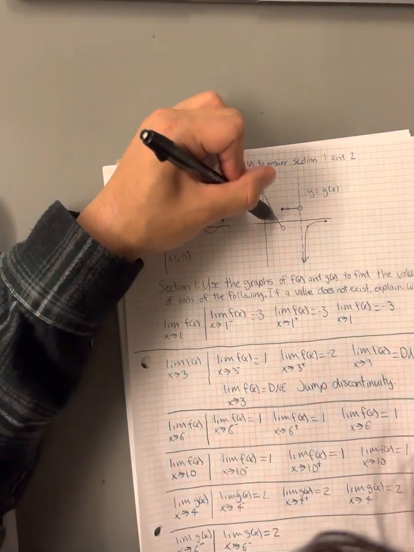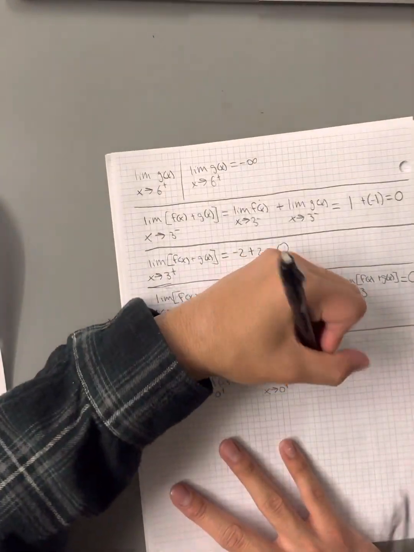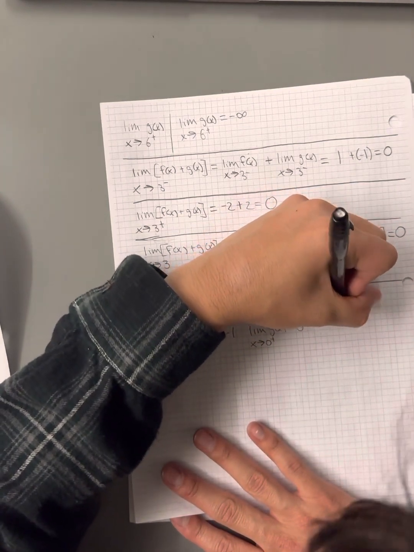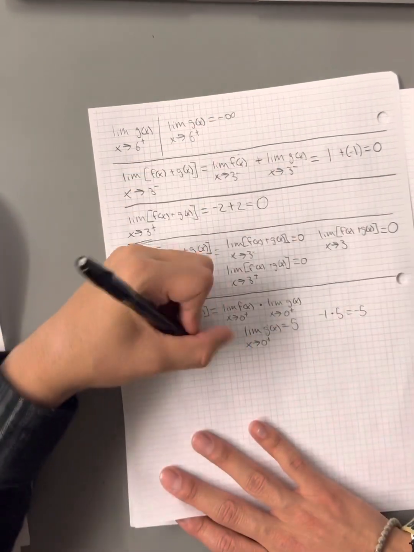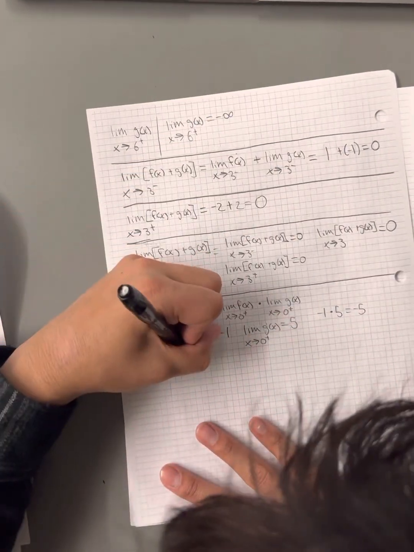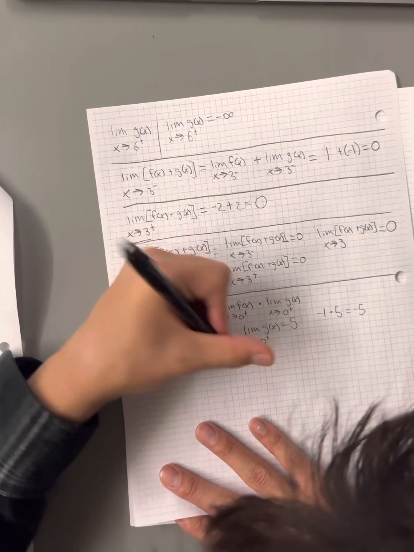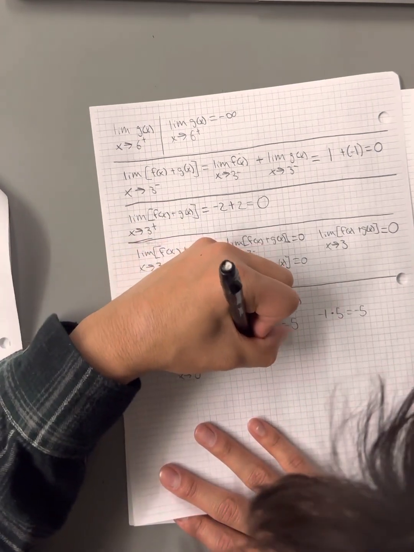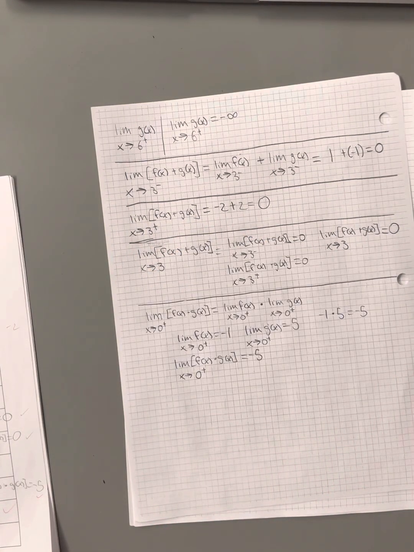What is it? 5. So now we can just multiply these values since we have them now. It is -5, so we can say that the limit of f of x times g of x, x approaching 0 from the right, is equal to -5. Very good.